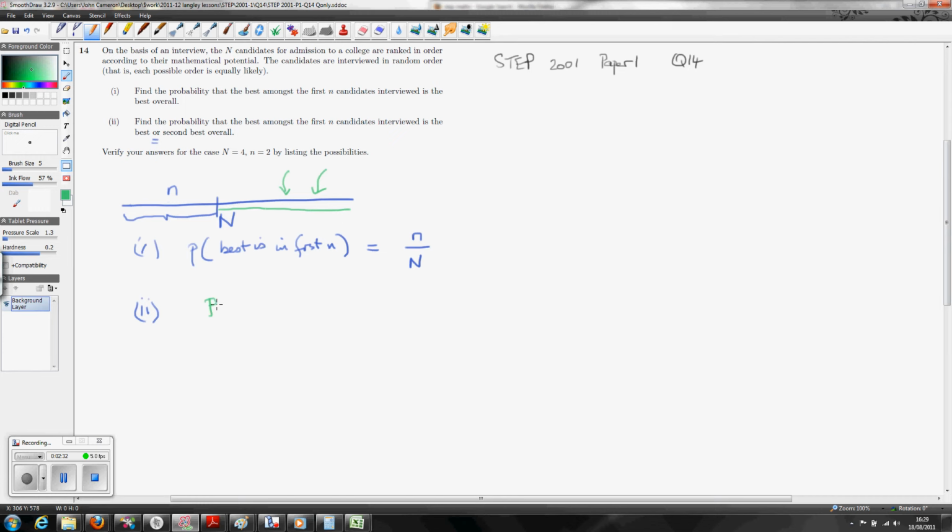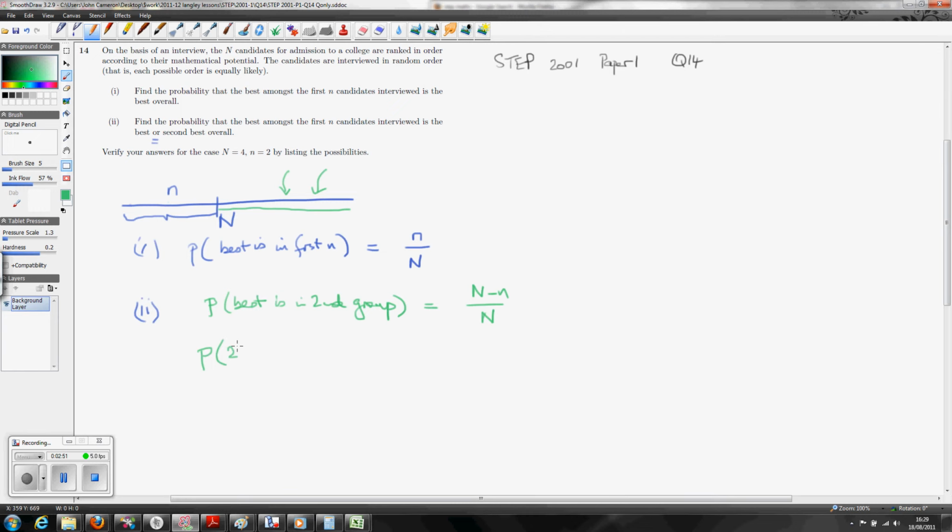So the probability that the best is in the second group is equal to (N minus n) over big N, just the probability that it's there.